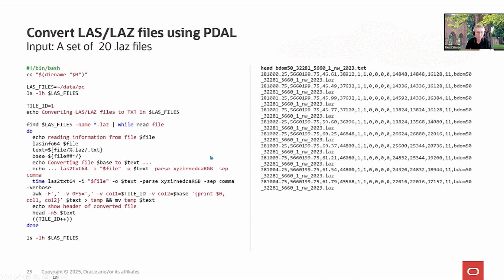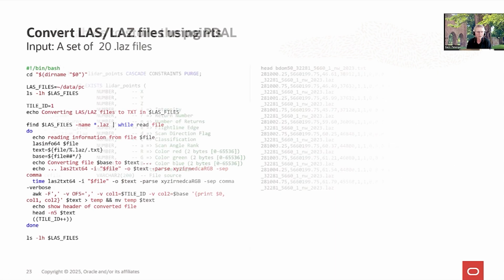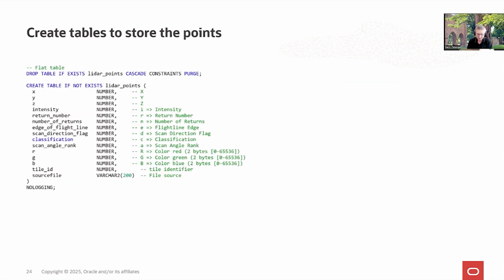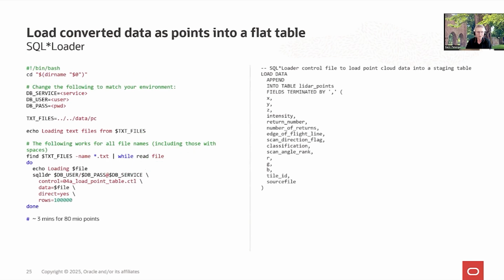This is what I can load very nicely into the Oracle database, and to load it, I've created this LiDAR points table with all the attributes I've extracted plus the additional attributes, tile ID and source file. Typically, when loading very large data sets, I set it to no logging, so it's a little easier and faster to go with. And in this case, I've used SQL Loader to load the data set.